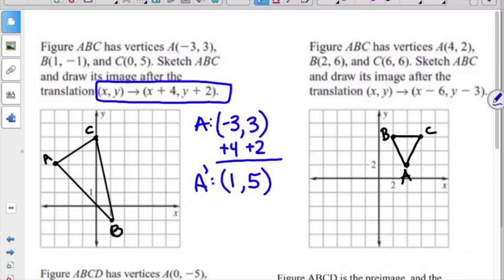So it's going to be to the right 4 since it's positive 4. And then on our y-axis, we're either going to move up or down. Since it's positive 2, we're going to go up 2. So each point ABC is going to be moved to the right 4 spaces and then up 2 spaces to create our image.